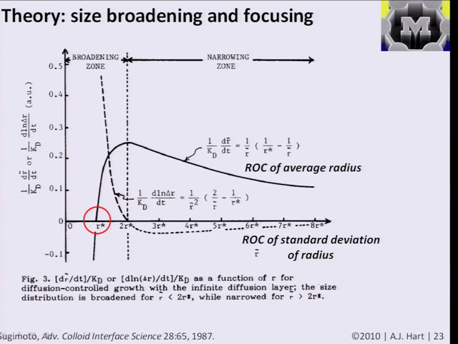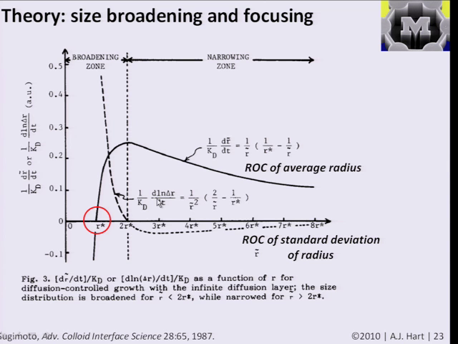So this is just a plot from the Sugimoto paper that is just showing the result of this expression, and here we're looking at the rate of change in the average radius, and here we're looking at the rate of change in the standard deviation of the radius, or the breadth of the distribution. And you can see here that as a function of the value of the critical concentration, if the average radius is equal to the critical concentration, then the particles are neither growing nor shrinking.